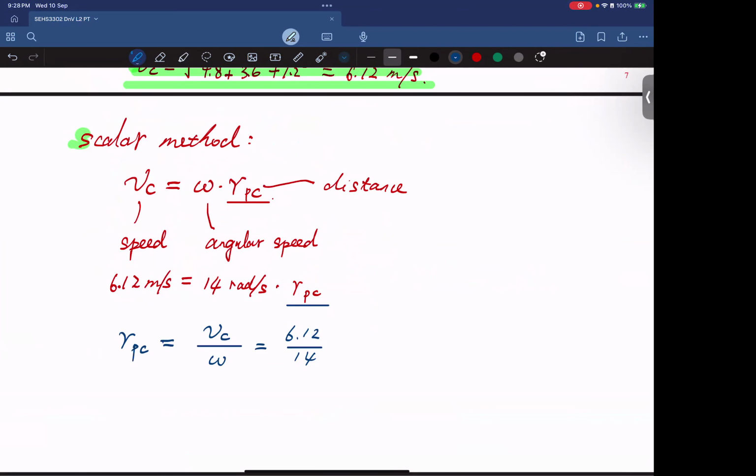Meter per second over radian per second, which is a meter. So we can find RPC. You can calculate 6.12 over 14. What is it? Can anyone tell me the result?